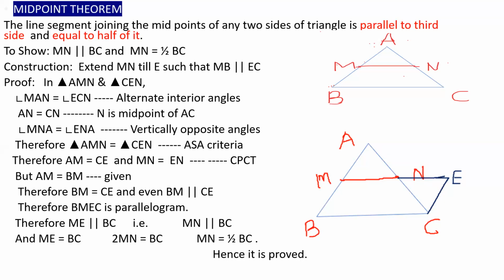And ME is equal to BC, and you have proved that N is the midpoint of ME by CPCT. So you can write 2MN equal to BC. Therefore, MN is equal to half of BC. Hence, you have proved that MN is parallel to BC and MN is half of BC.